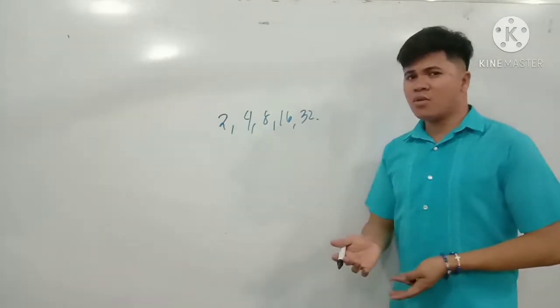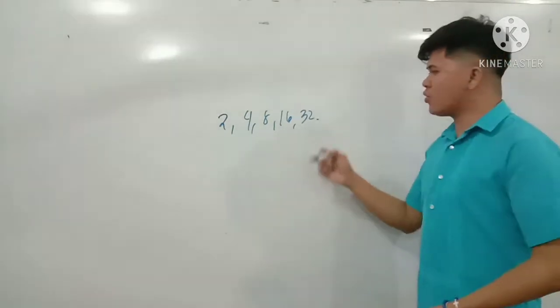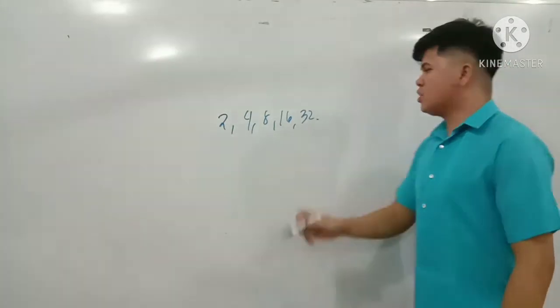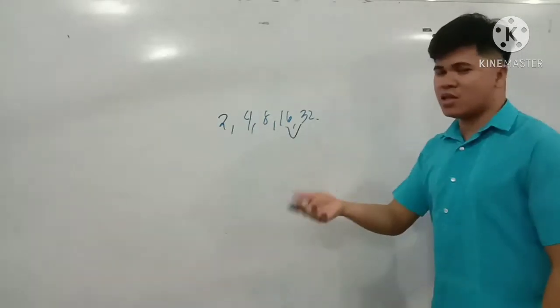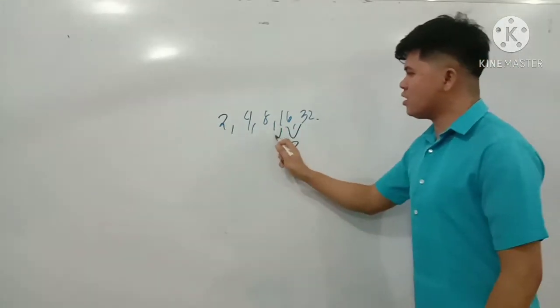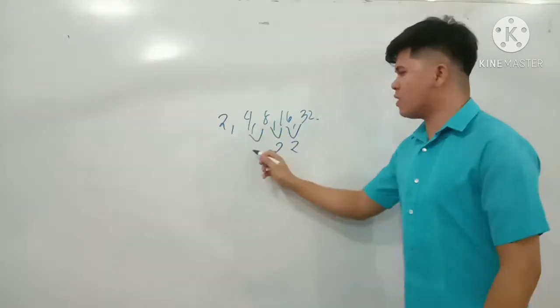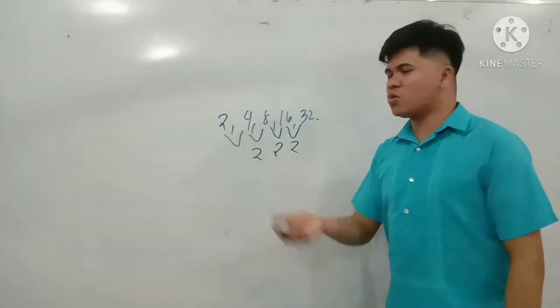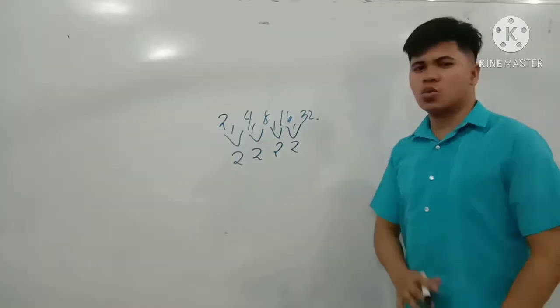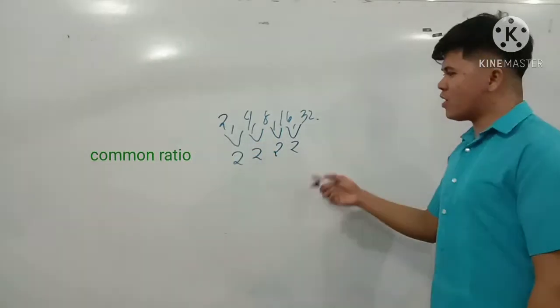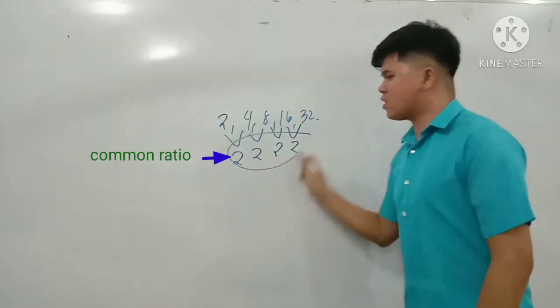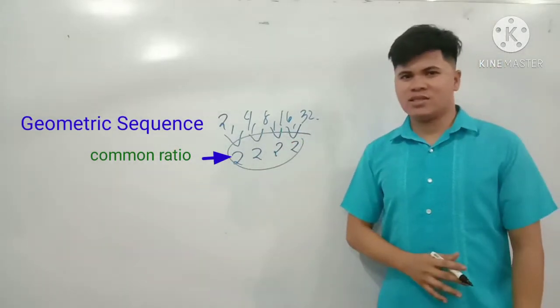To obtain the common ratio, we simply divide the terms from the last to the first. 32 divided by 16 gives us 2. 16 divided by 8 also gives us 2. 8 divided by 4 also gives us 2. And 4 divided by 2 also gives 2. Therefore, we can say that this sequence is a geometric sequence.